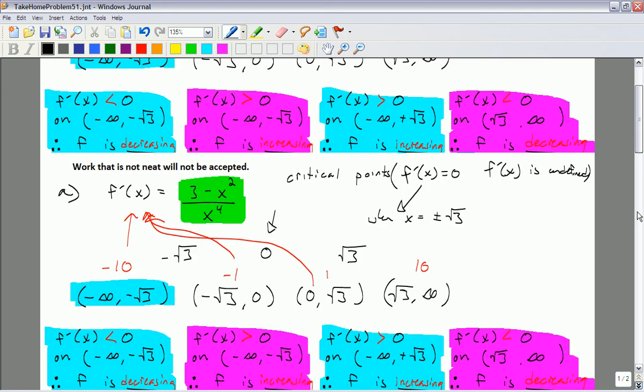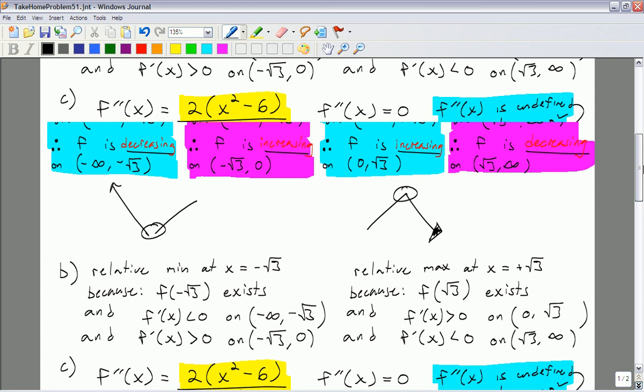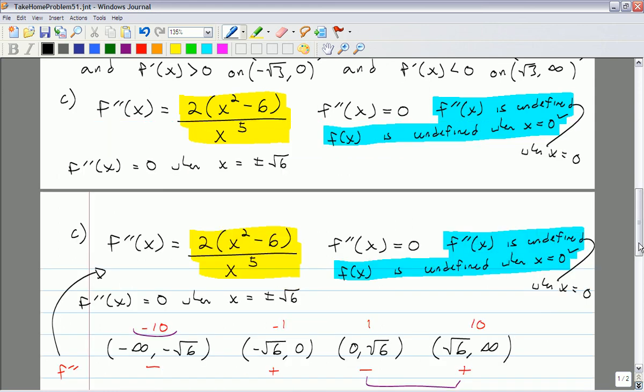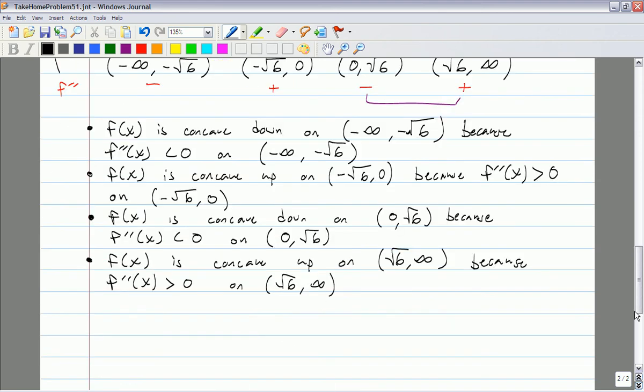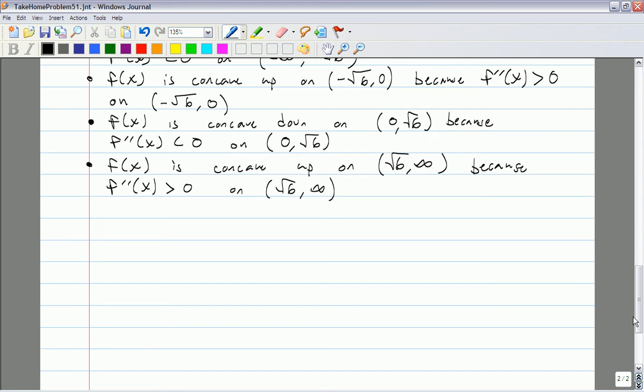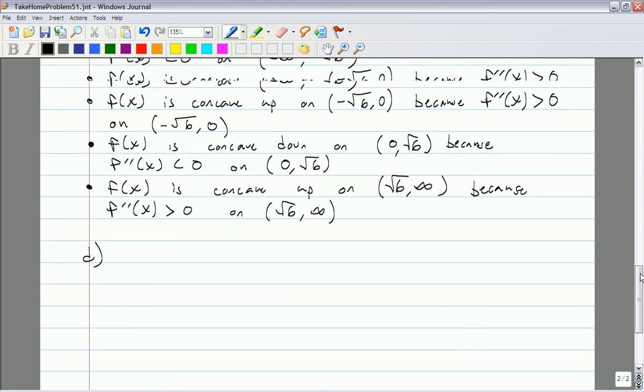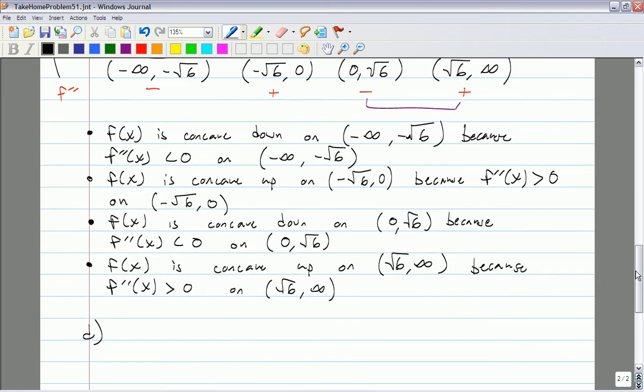So all I'm going to do is go down and look at those intervals. Okay, D. Where did we change concavity? Okay, so negative root 6.